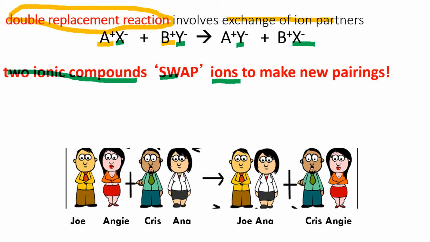So here, we have Joe and Angie and Chris and Anna. Angie will exchange with Anna. So that is why we have new partners. The new partner of Joe here is Anna. And the new partner of Chris is Angie.